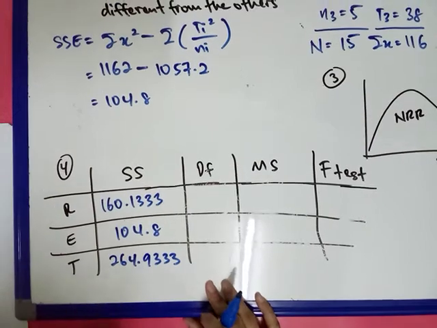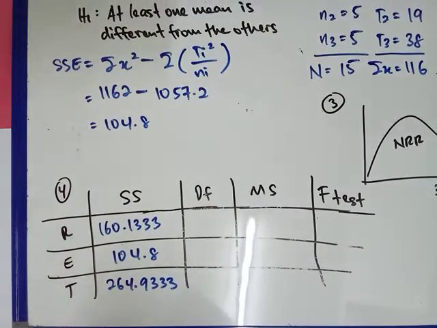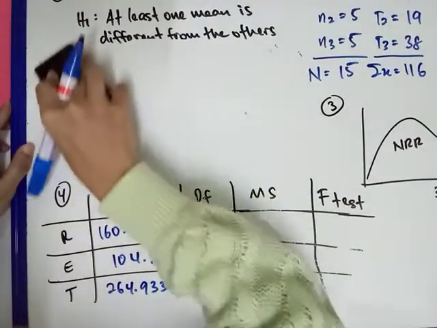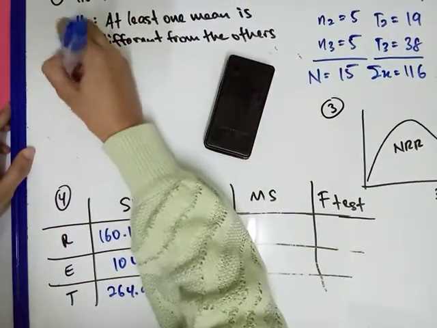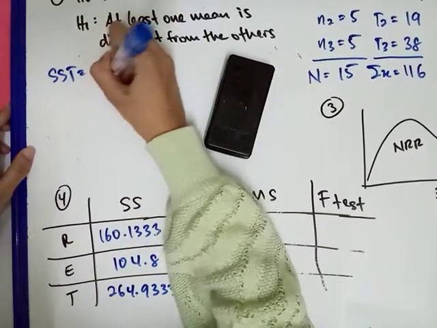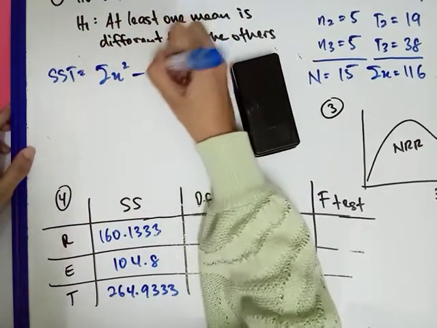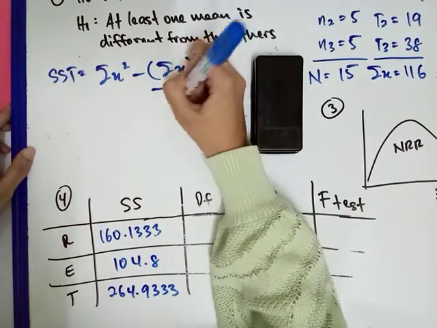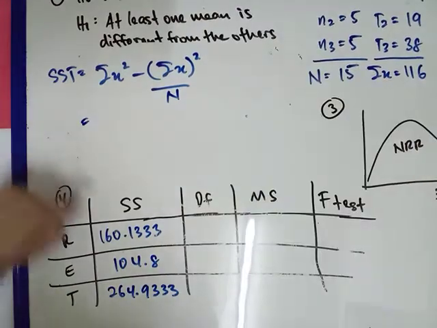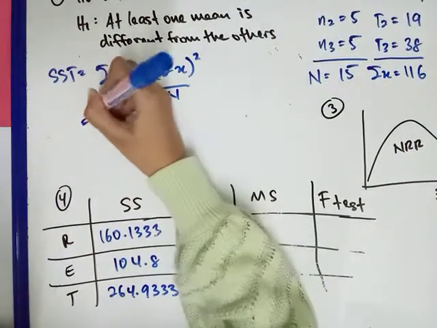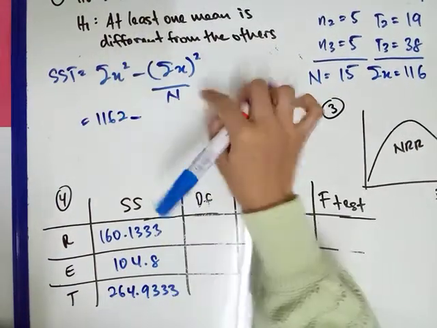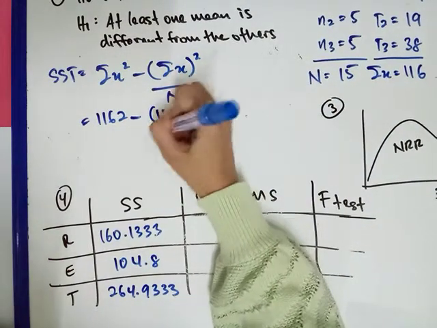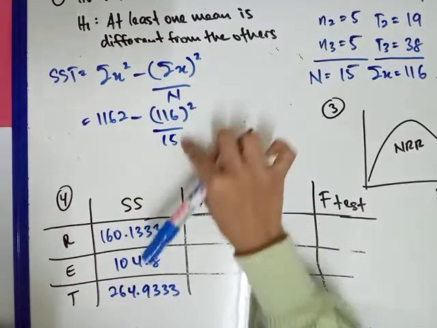Okay, ataupun use the formula for SST: total X square minus total X power 2 divide capital N. So, total X square is 1162 minus total X, which is 116 power 2, divide capital N, which is 15.